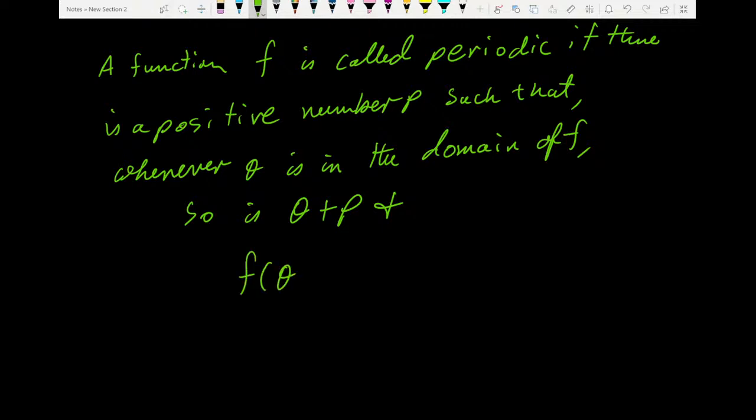So therefore f of theta plus p equals f of theta.